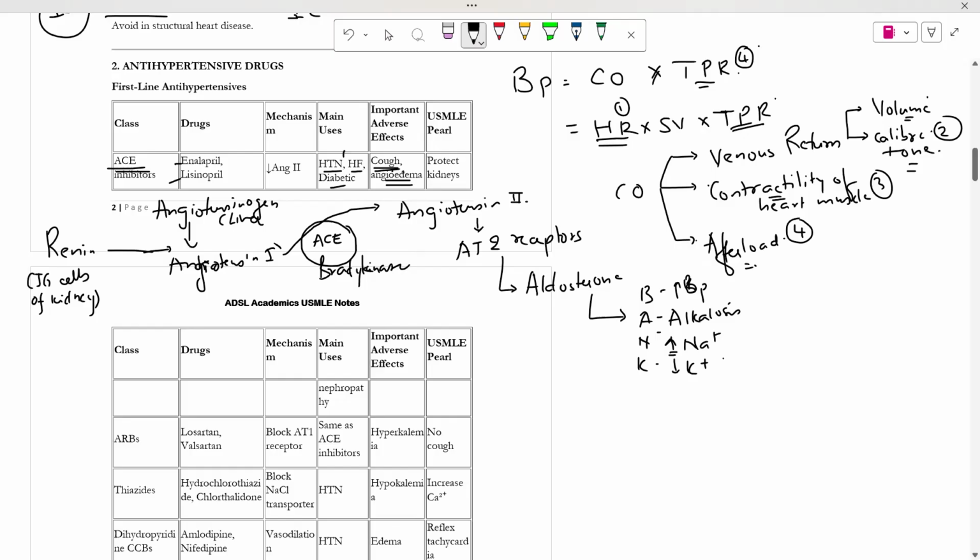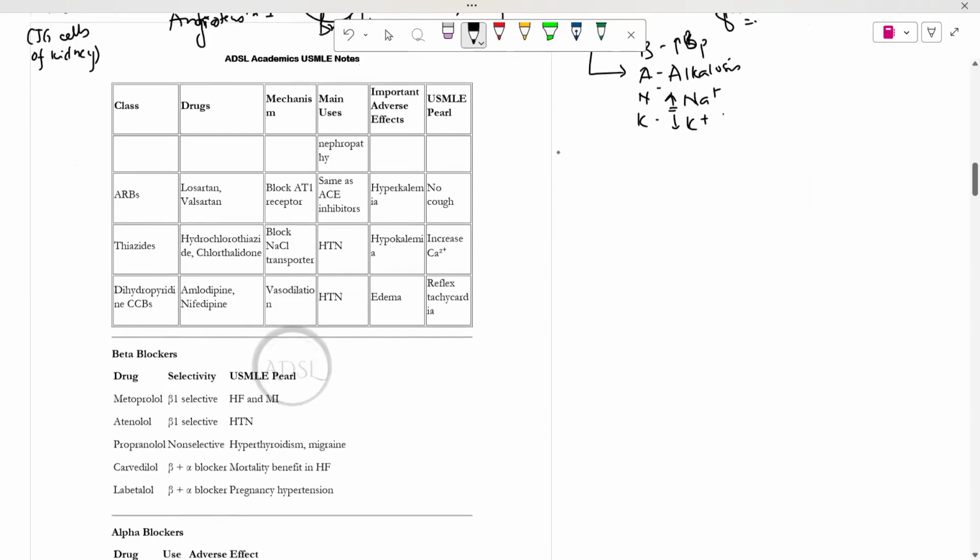It will also cause postural hypotension. What do you mean by postural hypotension? If you're sitting and you suddenly rise up, there will be giddiness. Why? Because it decreases the sympathetic tone. That is the reason.